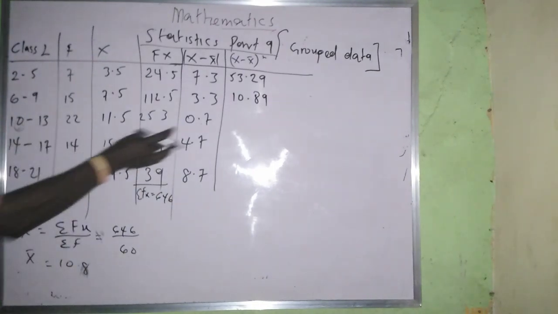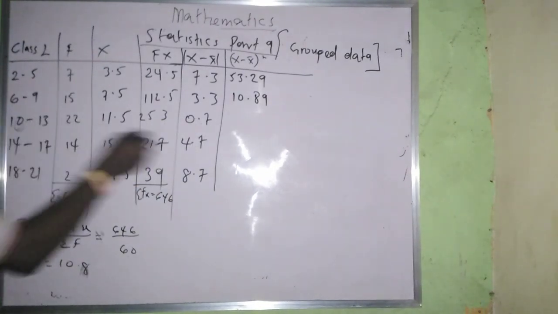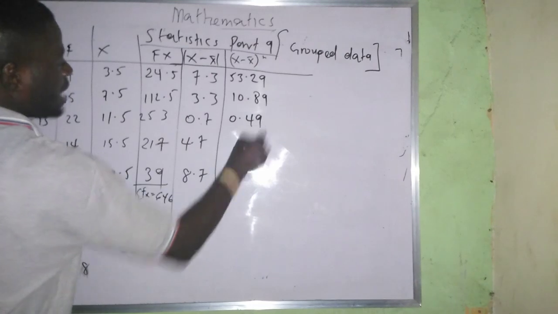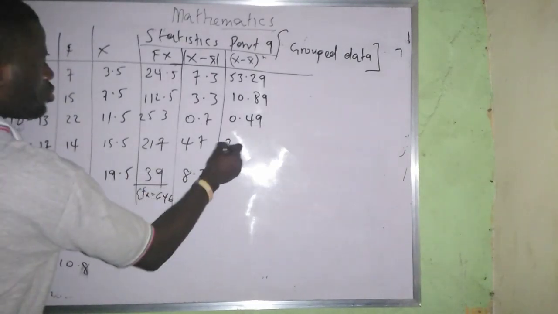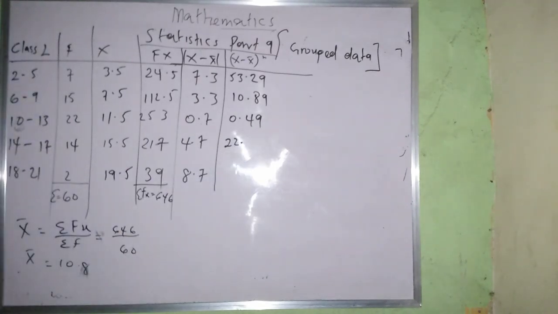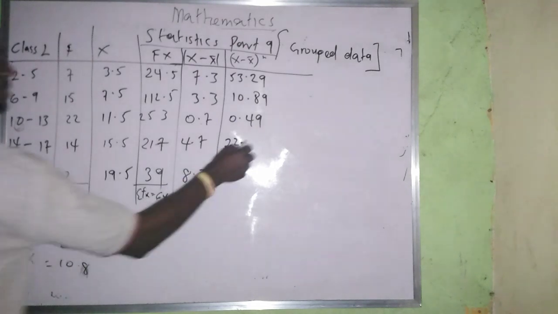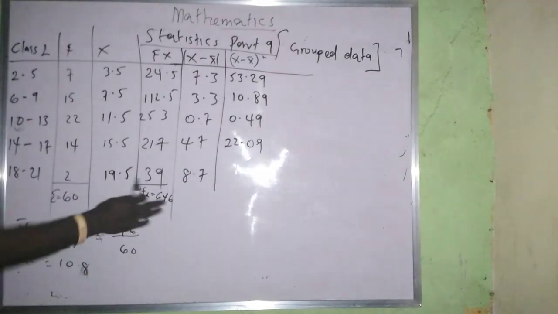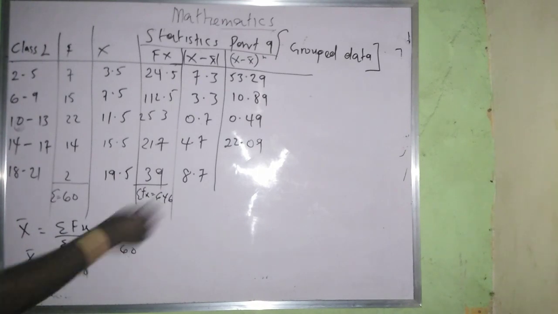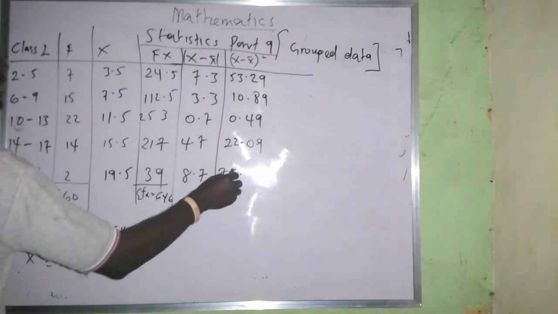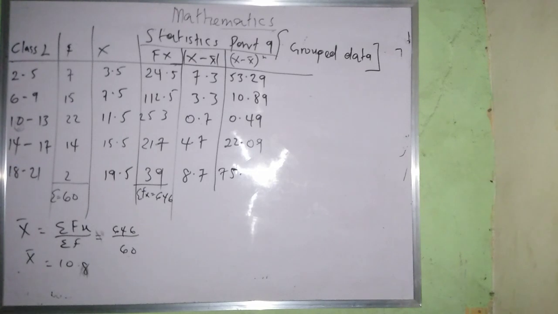And also I'll be having 0.49. Then it will be 22.09. Squaring this also, it will be 75.69.